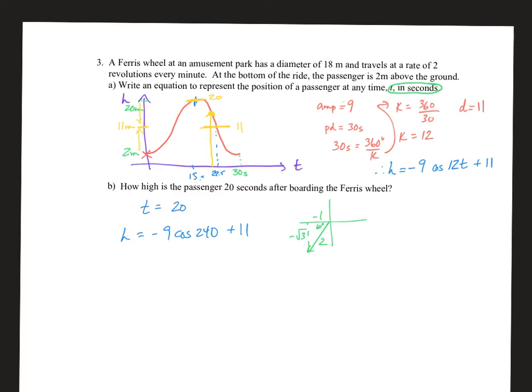For me to deal with my cos, then I'm talking about adjacent over hypotenuse. And so if I calculate that, then I have my 4.5 or my 9/2 plus 11, and that's going to get me to 15.5, and we're talking about meters. There we go.